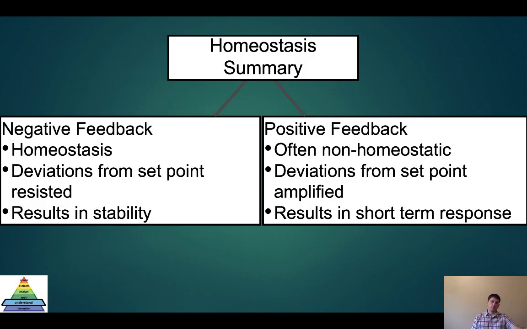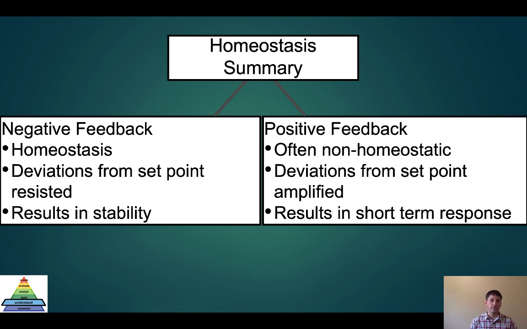So just practice a little bit. Again, what is negative? What is positive feedback? Negative feedback keeps us in balance. Positive feedback is non-homeostatic. In negative feedback, the deviations from a set point are resisted. We try to bring them back, while in positive feedback, the deviations are amplified, and eventually they will come back to normal.